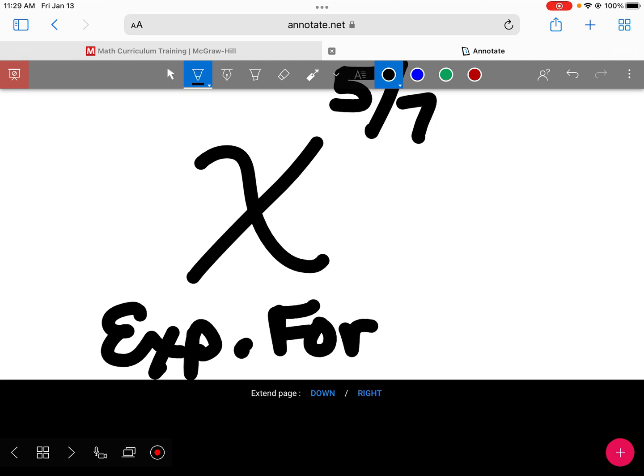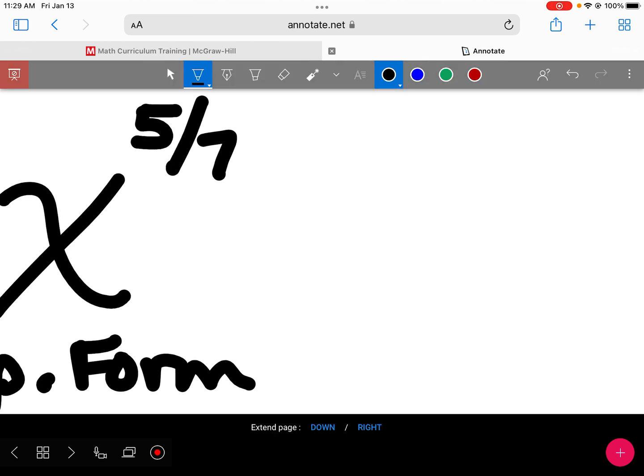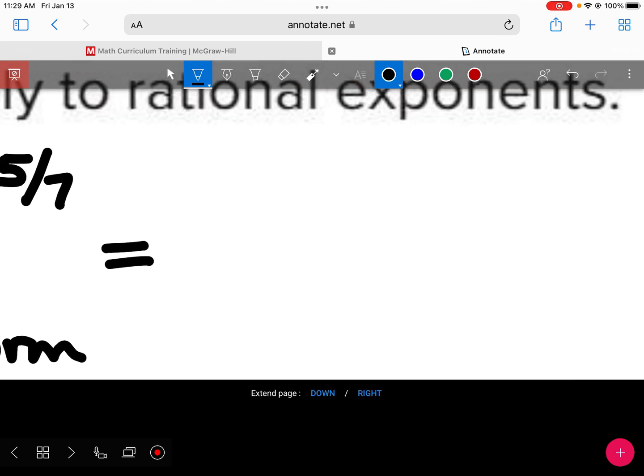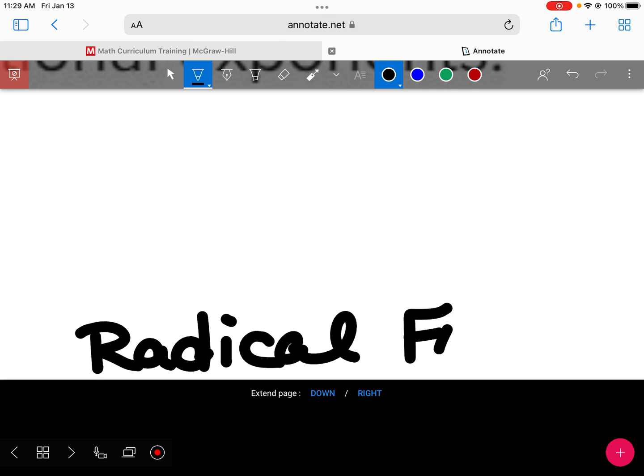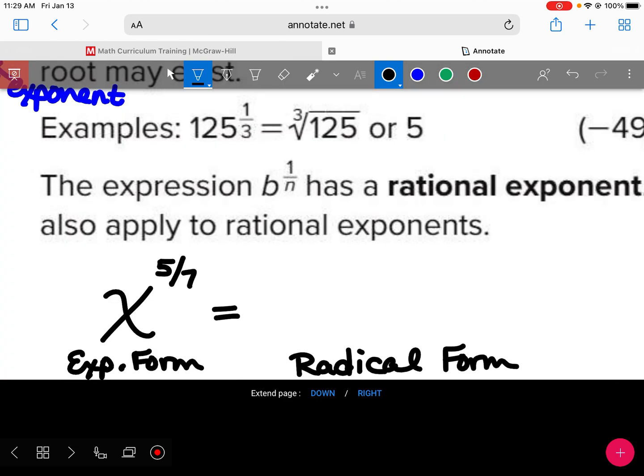Guys, we're going to practice going back and forth between these two forms, so please make sure you pay attention. If I wanted to write this in radical form, there are two different ways that I could write this particular one in radical form because I have a numerator that is not a 1.